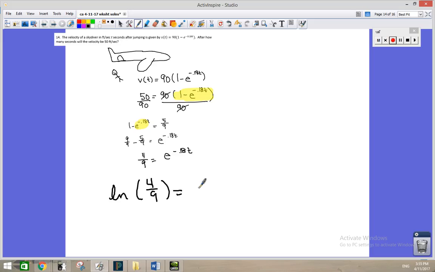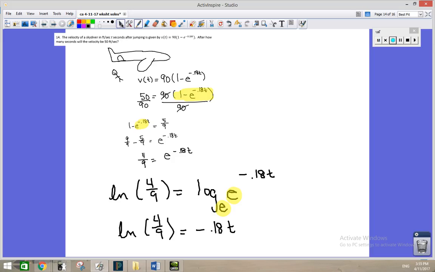And on the right-hand side, instead of writing ln, I'm going to write it as log base e, so that visually you really see that the idea of taking the natural log of both sides is because when this base and this base are the same, they undo each other, and we just get this exponent, negative 0.18t.